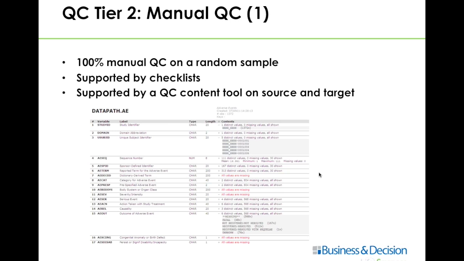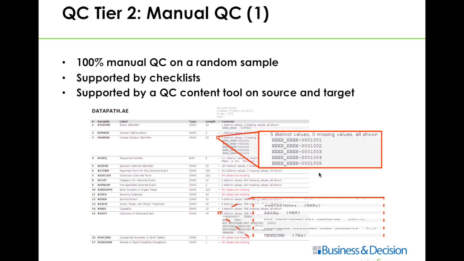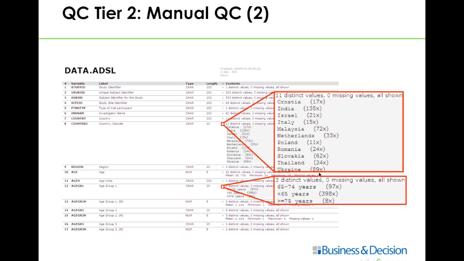So it's basically a proc contents of your source and of your target tables to be able to compare, for example, distinct values. So here, for example, we've got the distinct values of unique subject ID and an outcome.